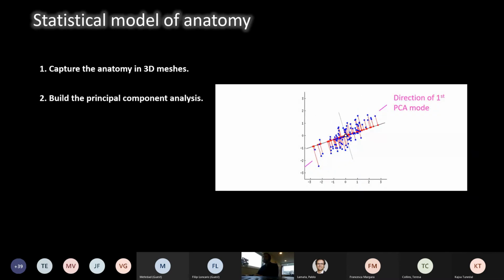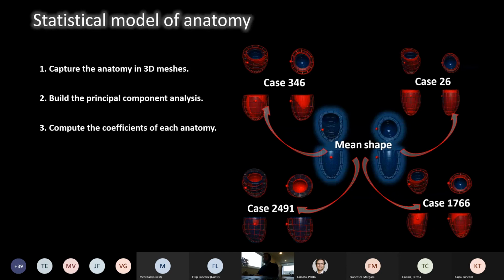The next step is building the principal component analysis to reduce the number of variables and to analyze the set of modes of the anatomical variation over the average mesh. The PCA explicitly finds those perpendicular directions of the highest anatomical variance in this feature space. In the third step, we compute the coefficients for each anatomy using those anatomical modes.